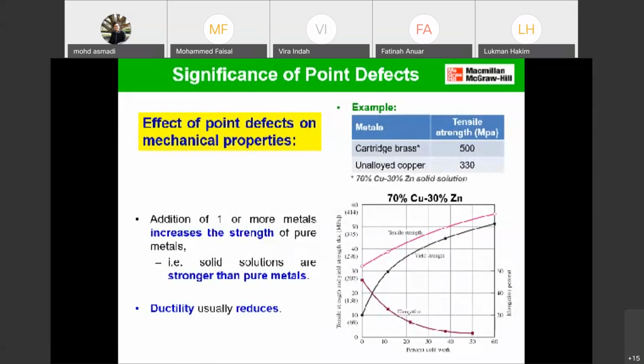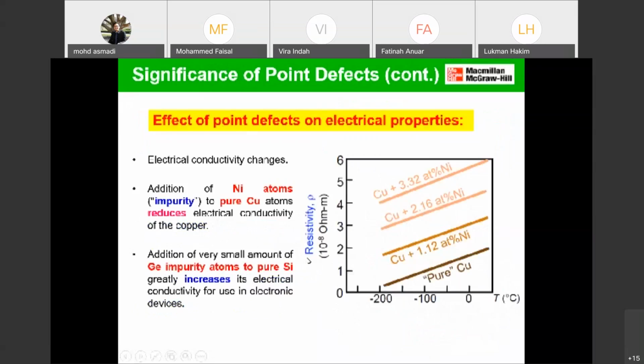In terms of electrical properties, the electrical conductivity also changes with the addition of one or more metals. For example, adding nickel atoms or impurities to pure copper reduces the electrical conductivity of the copper.